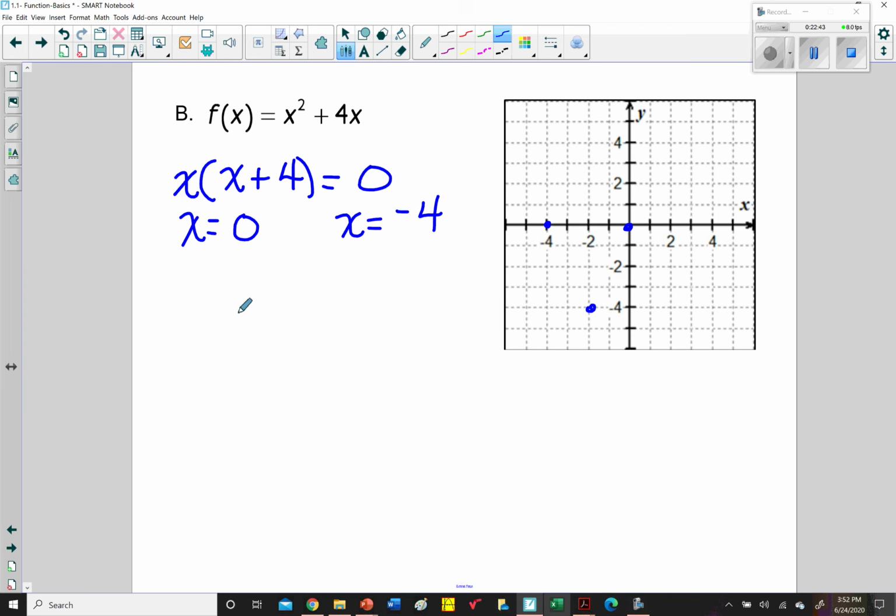I shouldn't rush. The opposite of b over 2a is the axis of symmetry, and our b is 4. So the opposite of 4 over 2 times 1 is -2. And if you substitute -2 in here, we've got 4 minus 8 or -4. So there's our vertex.